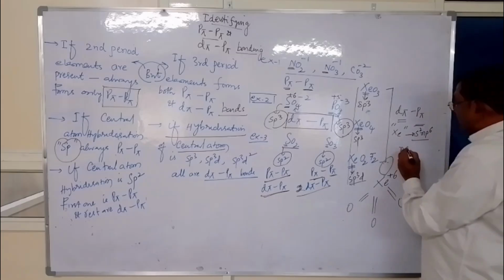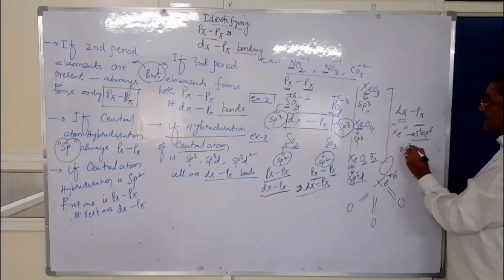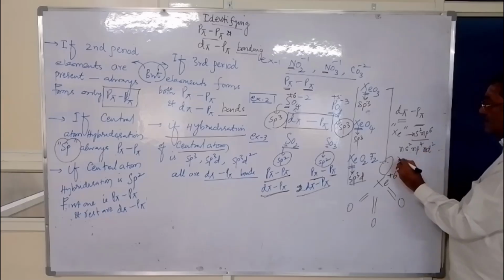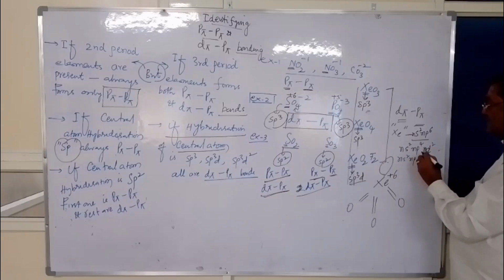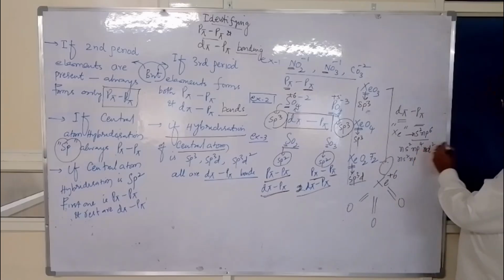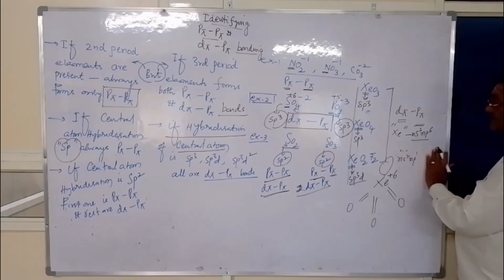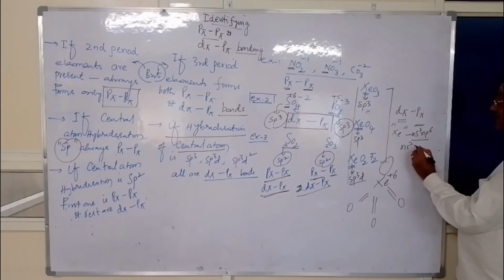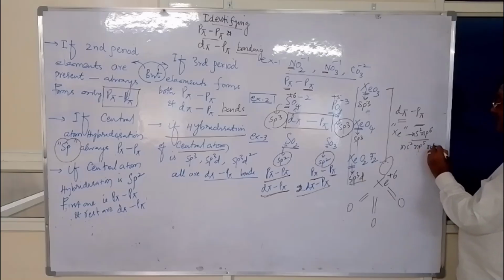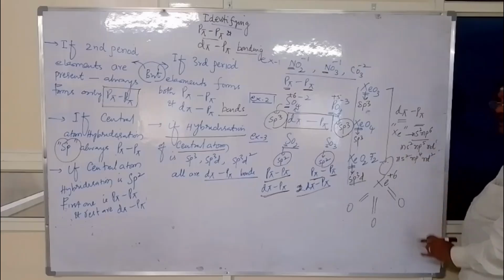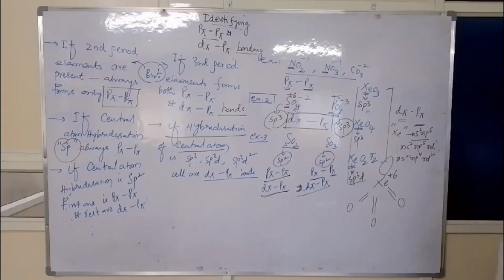In the first excited state, one pair of electrons is converted to give ns2 np5 and nd1. The second excited state gives us ns2 np4 and nd2 configuration. Like that we can write the configurations for xenon.